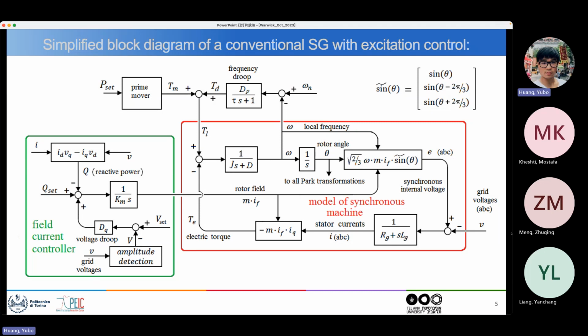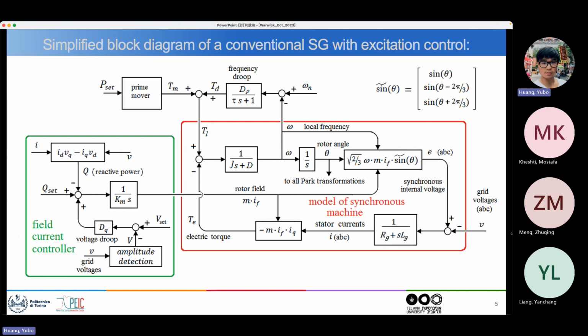The controller which controls the current of the rotor is here in this green box. Then you have the prime mover, and the frequency loop mechanism, which is also part of the prime mover. So this upper part here is not the generator, it is the prime mover together with its governor. The actual generator is in the red frame.